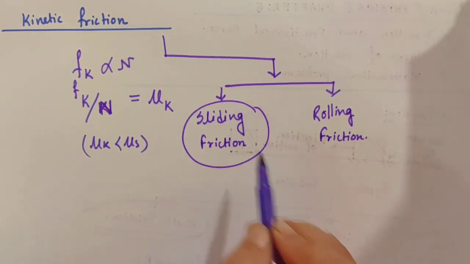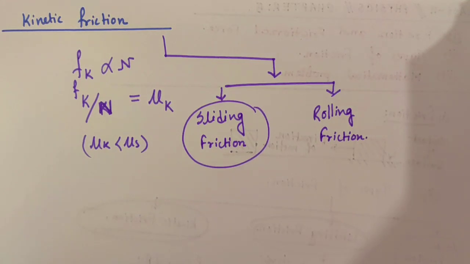What is sliding friction? The opposing force that comes into play when one body is actually sliding over the surface of the other body is called sliding friction. For example, a flat block is moving over a horizontal table.